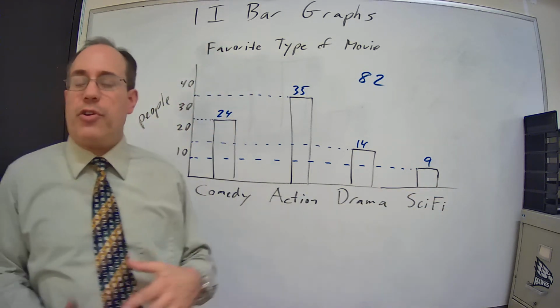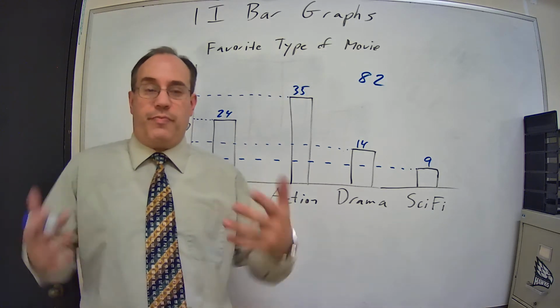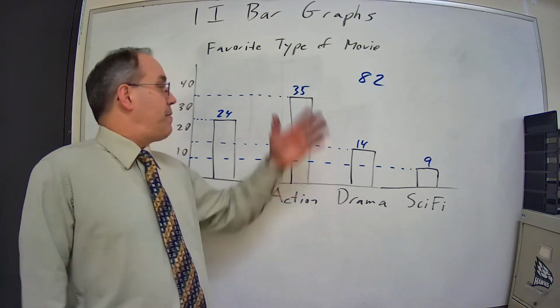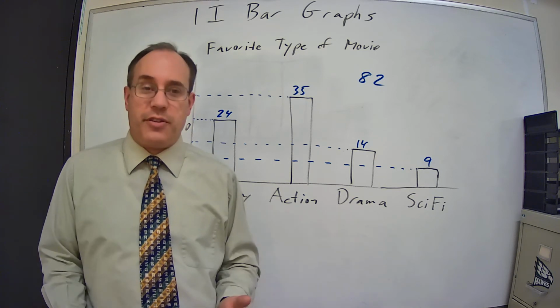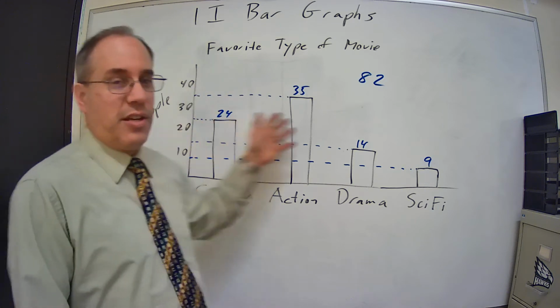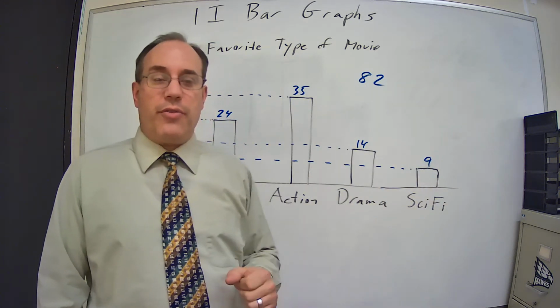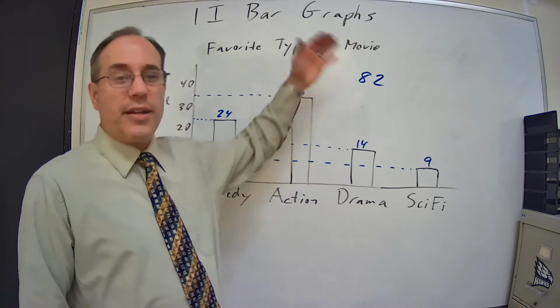These bar graphs are used a lot throughout industry and people in business. They want to look at their top 10 selling products. So they have a bar graph that shows their sales amounts of these different products, and they look and go, oh, well, that's our top product, it's the highest.